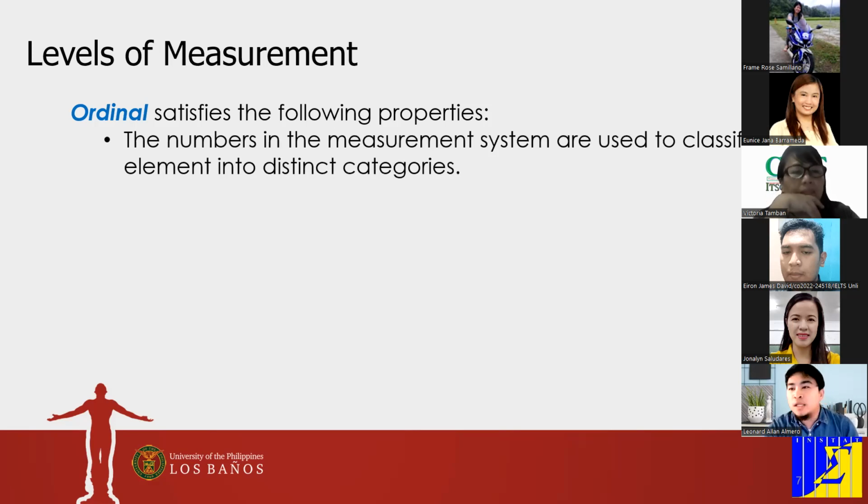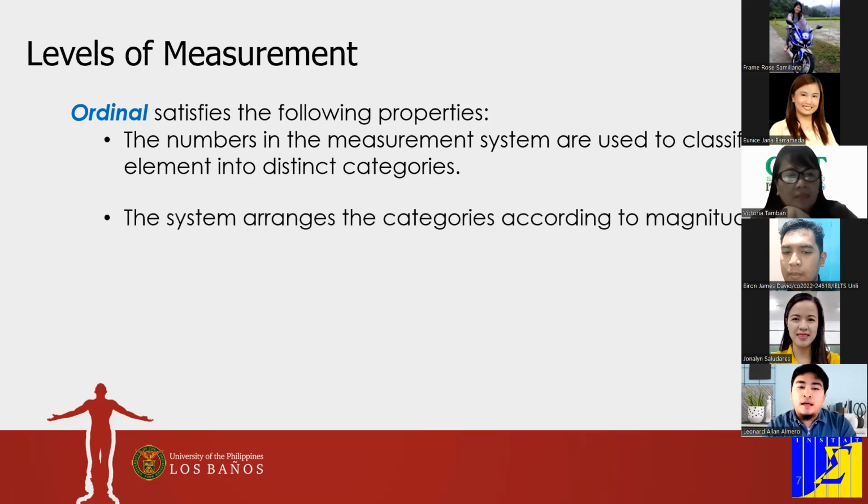So meaning what you can observe in nominal, you can also observe in ordinal level. So if you have non-overlapping categories in nominal, meron din po sa ordinal. And ang additional lang na characteristic niya is that the system arranges the categories according to magnitude.